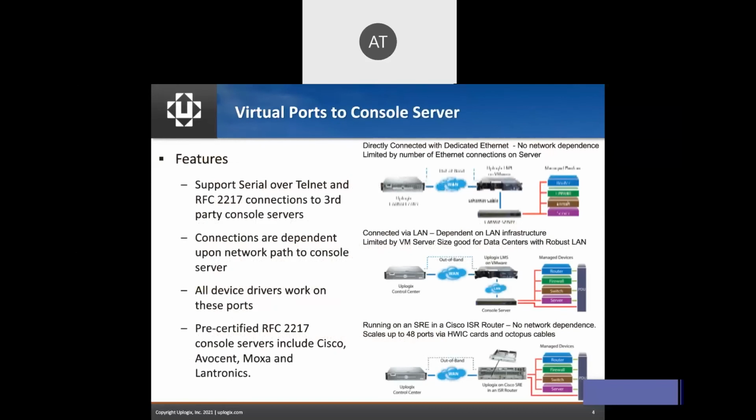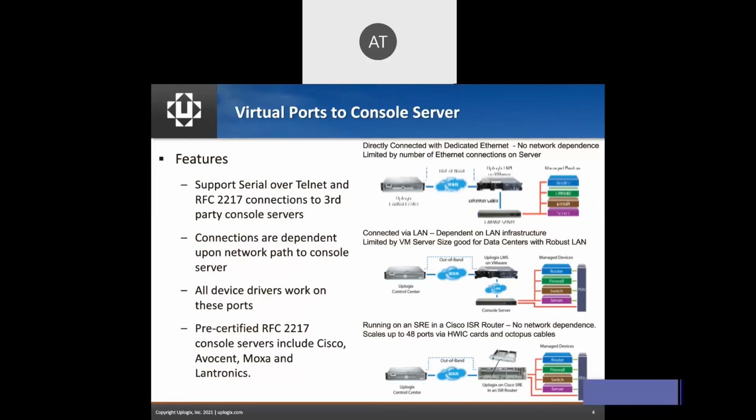So there are a couple of different ways to skin a cat if you want to use virtual ports to console server. The main thing to know is that virtual ports will do serial over Telnet or SSH to a system. You might have a virtual local manager, maybe a physical one. Either way, it doesn't matter. Virtual ports will connect to a system on SSH or Telnet.